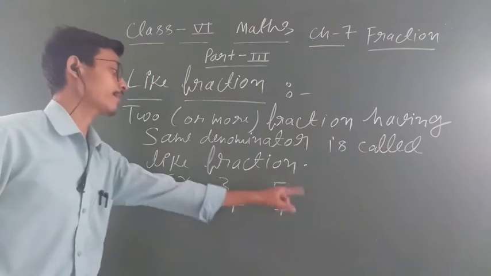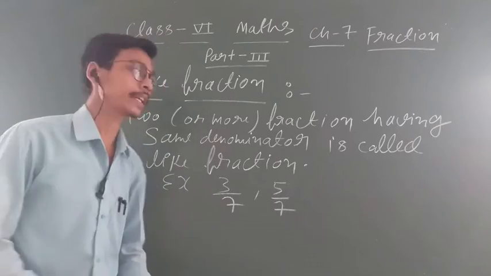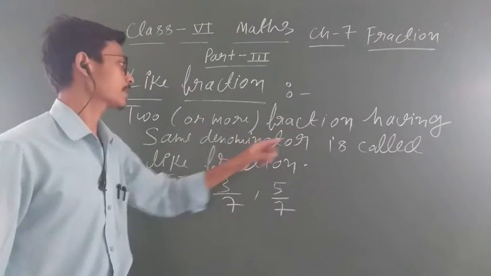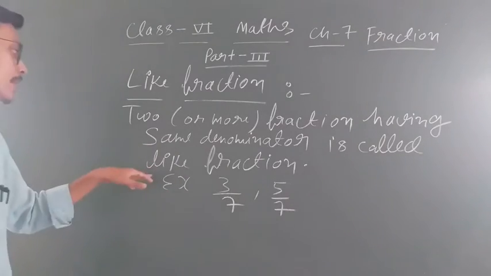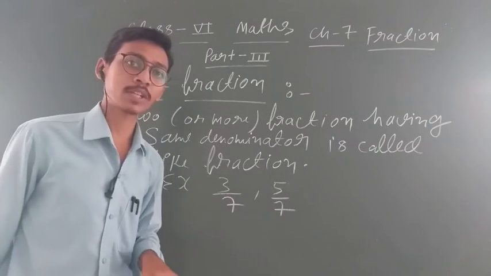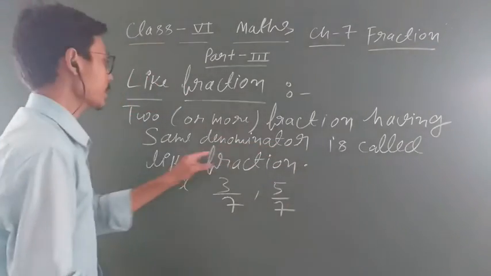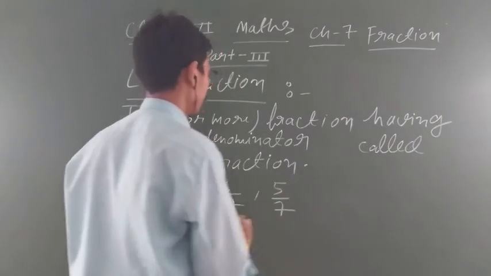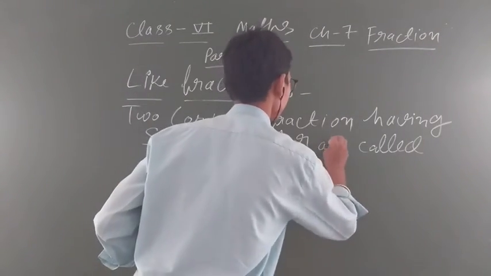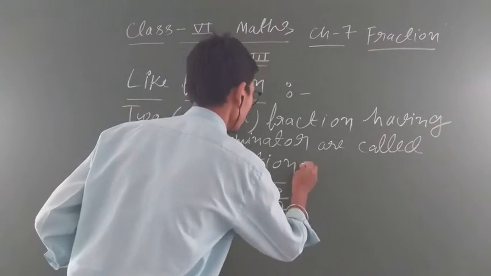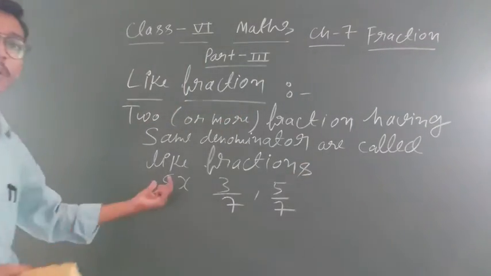So 3/7 and 5/7 fall in the category of like fractions. Here, two or more fractions having same denominator are called the like fractions, because two is plural.